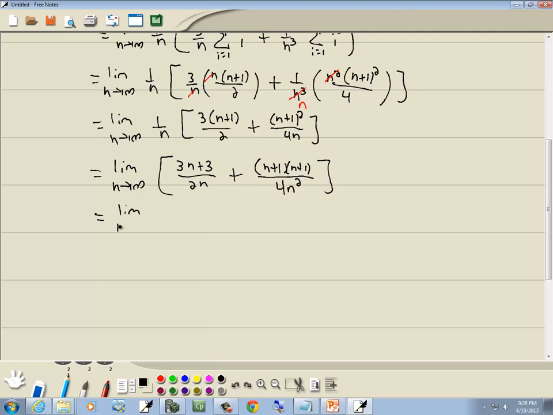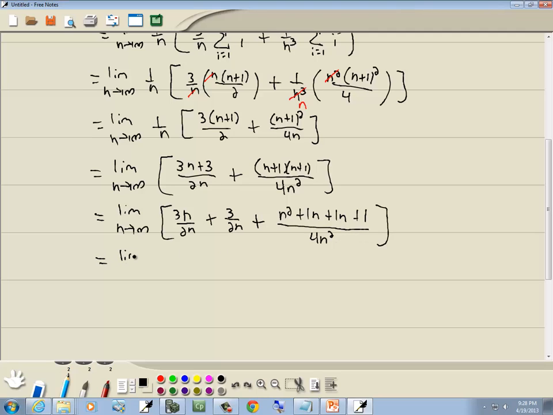Okay, so the limit as n goes to infinity, and split this into separate fractions. So this would be 3n over 2n plus 3 over 2n plus n times n is n squared, n times 1 is 1n, 1 times n is 1n, 1 times 1 is 1, all over 4n squared.